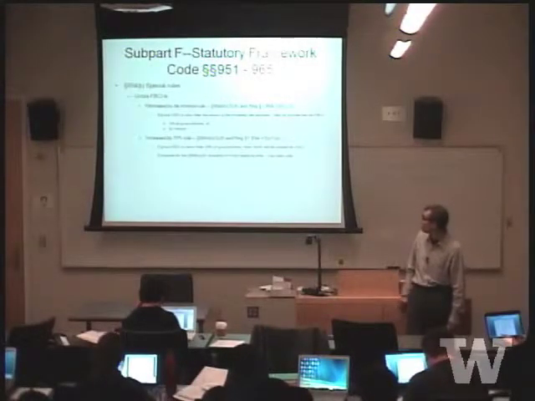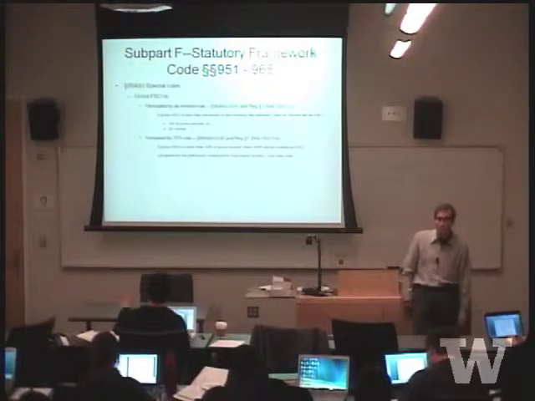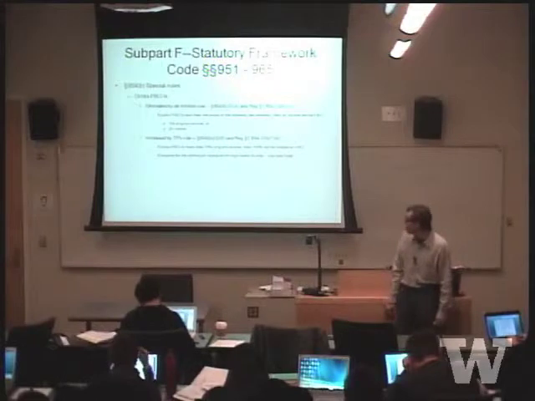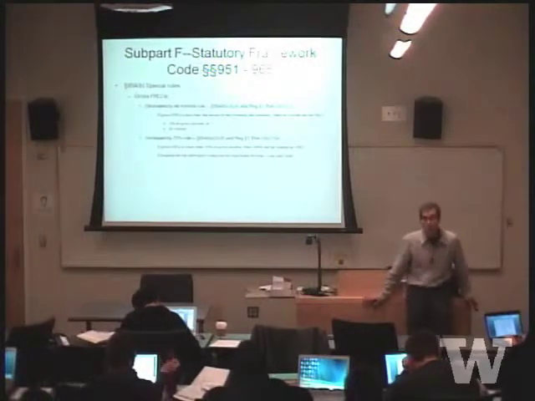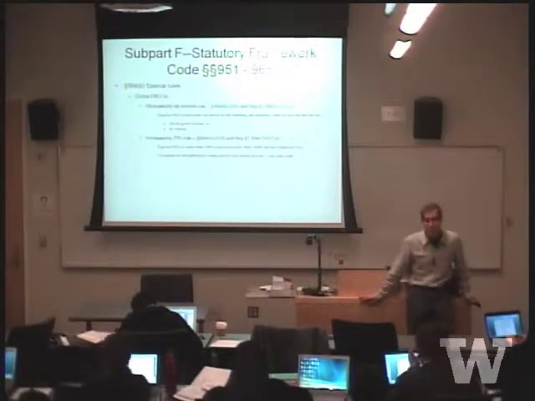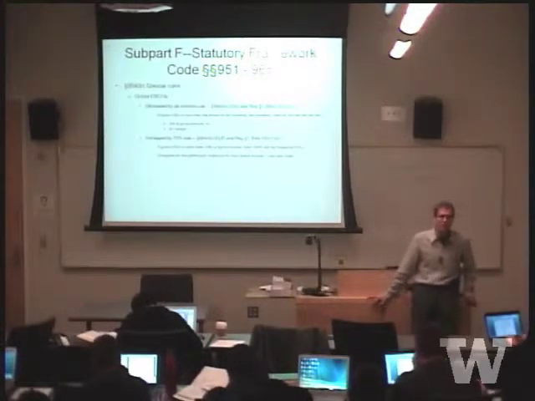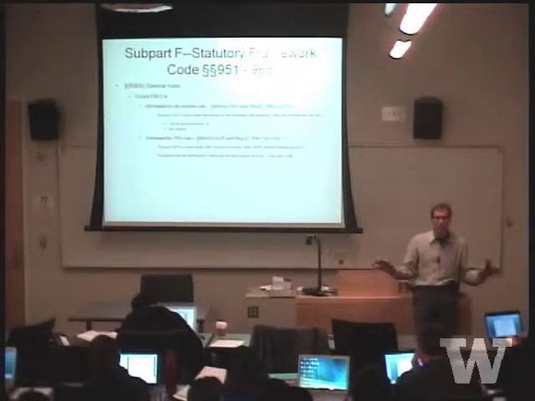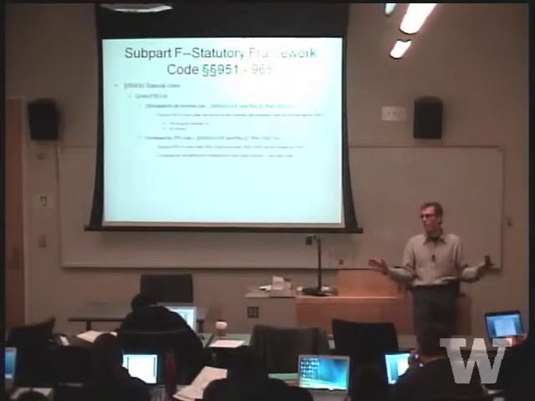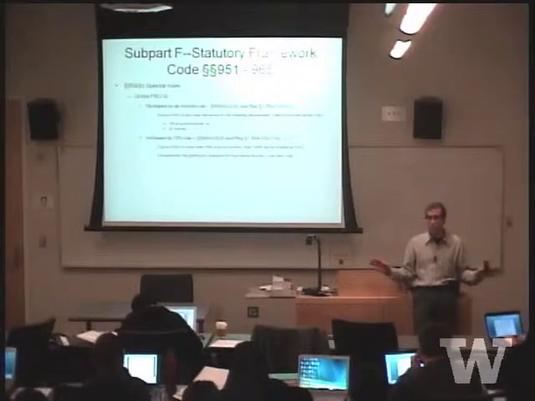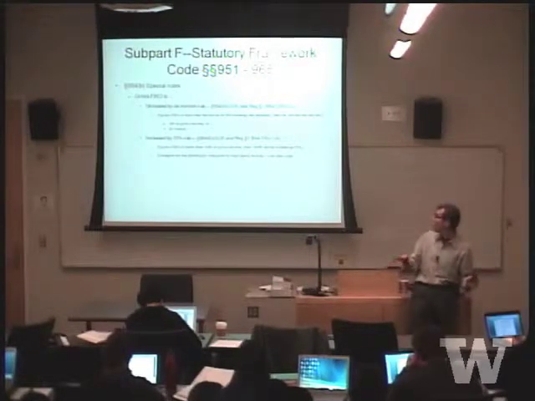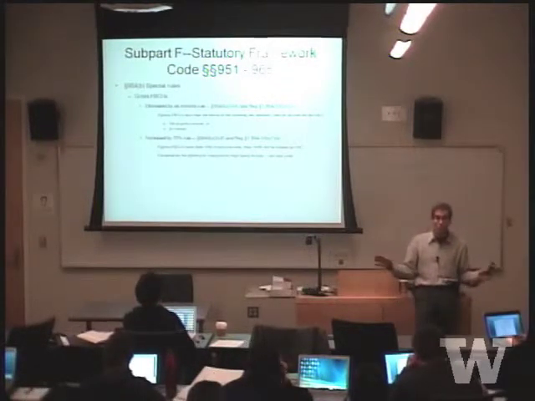954B has a few special rules which we'll mention briefly. The first one is a de minimis rule. Basically saying if you only have a little bit of subpart F income, only a little bit of tax haven income, don't worry about it. You can pretend you have zero. And that little bit is defined as the lesser of 5% of gross income or $1 million.